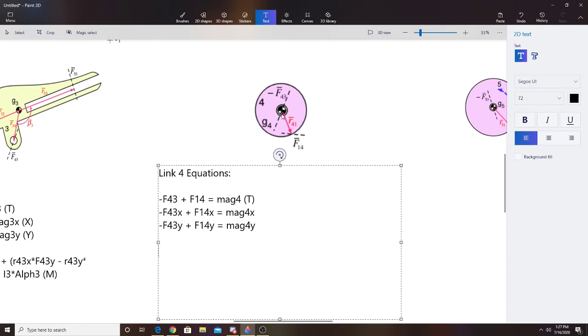Is the pin contributing to a moment, or is the only spinning force that we have its contact with the ground? Yes, it is the contact with the ground that is causing the moment. The internal pin, all it does is hold it in place, right? It is not causing this thing to spin.